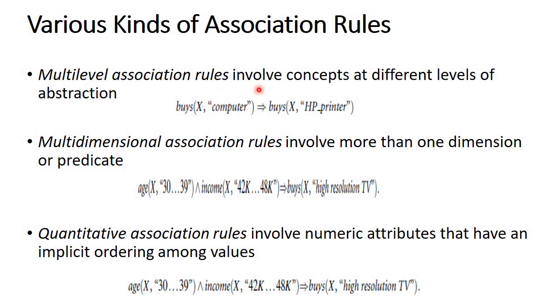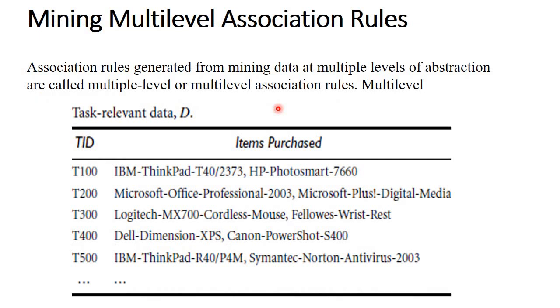What is the association between a person X buying a computer and a person X buying an HP printer? So computer is at the topmost level of the concept hierarchy, whereas HP printer is at the bottom level of the concept hierarchy.